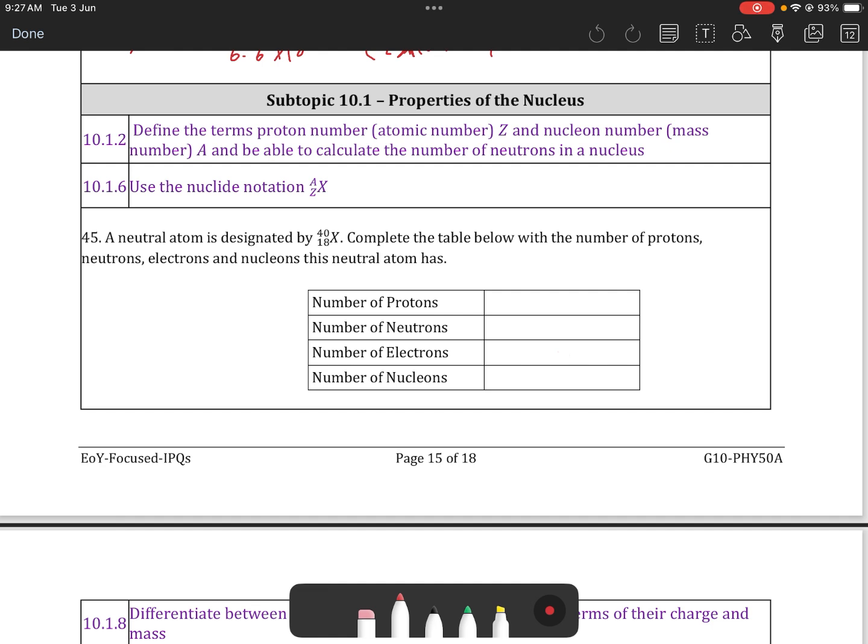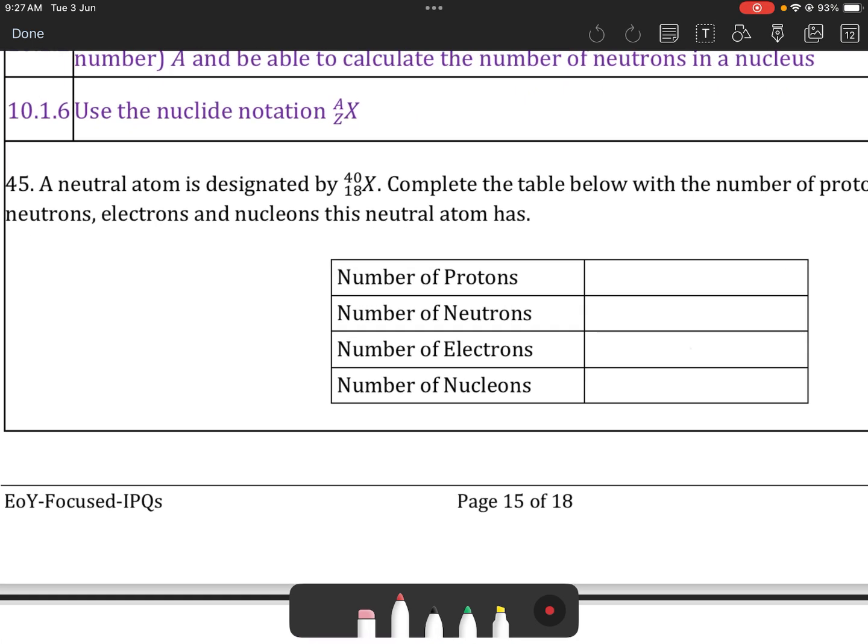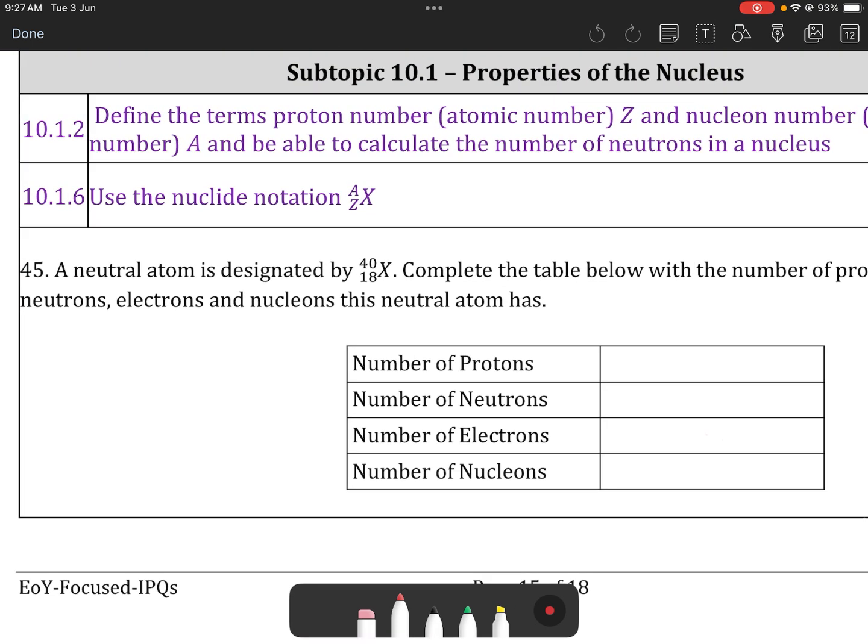Okay, read the question here. We know that, let's talk in general. A is the number of protons and number of neutrons together. Z is the number of protons, which is also equal to the number of electrons.